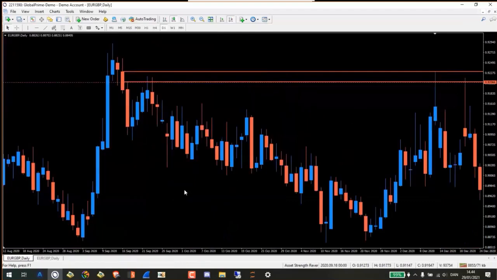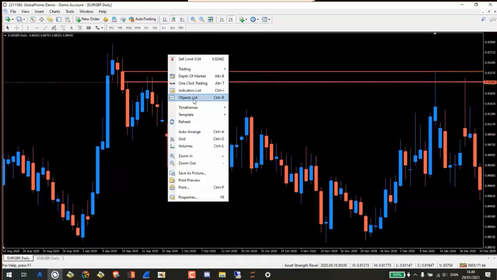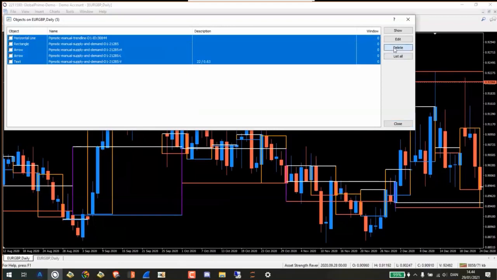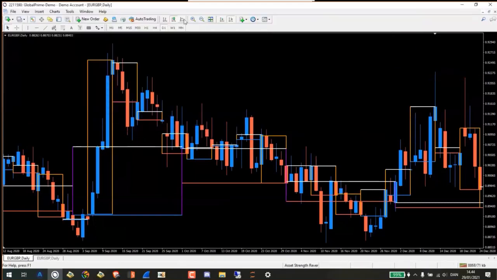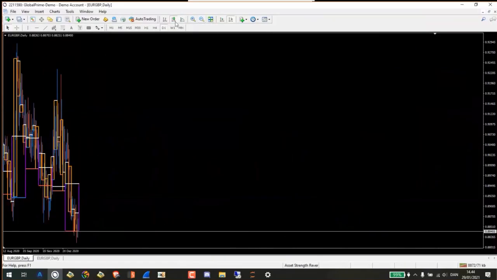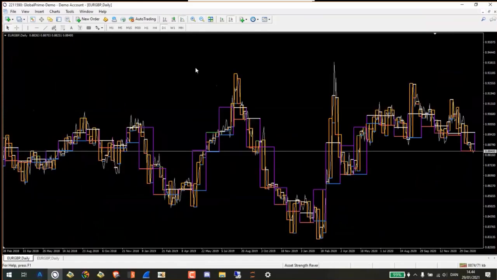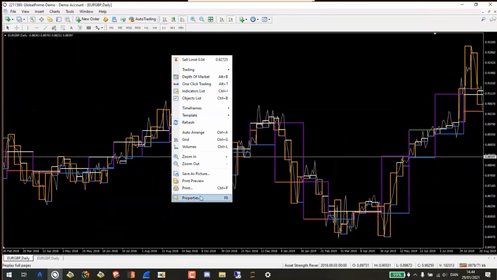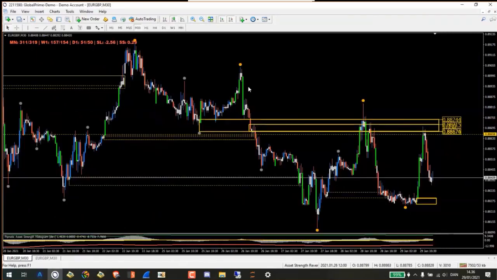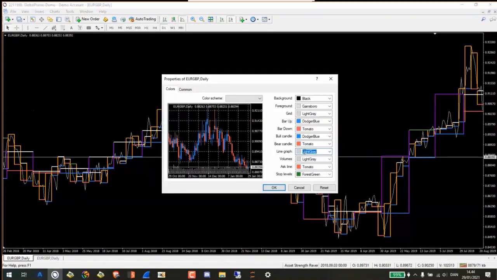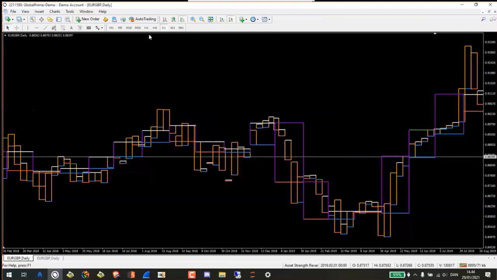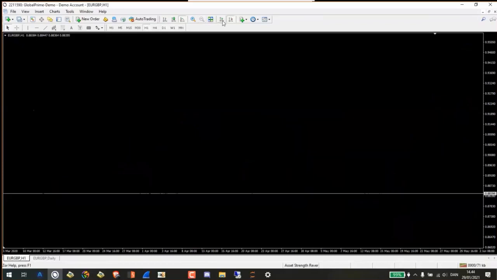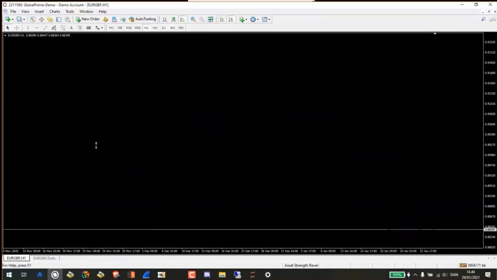So now what I've done, this is my X-ray machine, my Forex X-Ray.